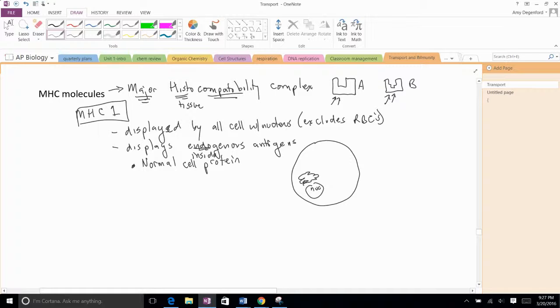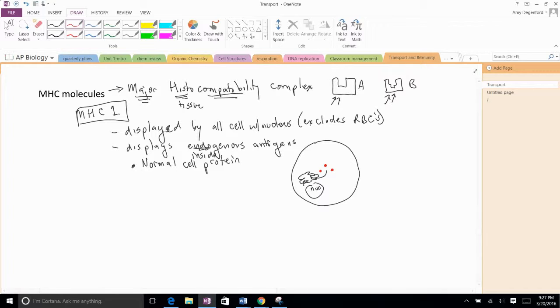And the rough ER is going to bring in a protein that's going to be part of that cell's cytoplasm, just a normal cell protein, and it's going to be brought in.